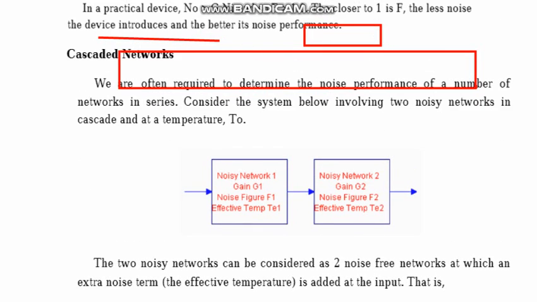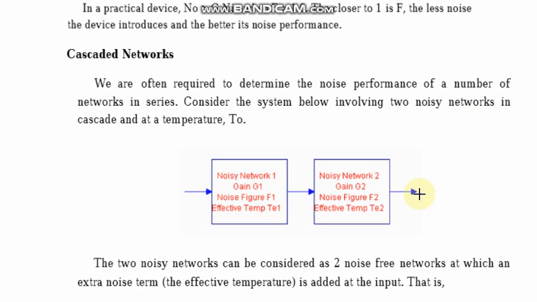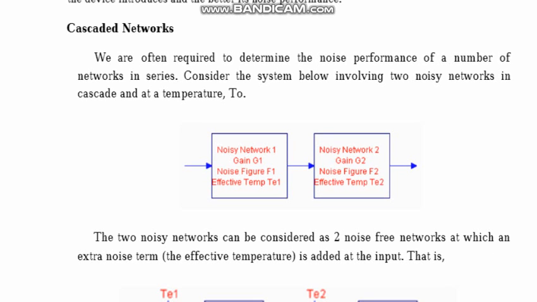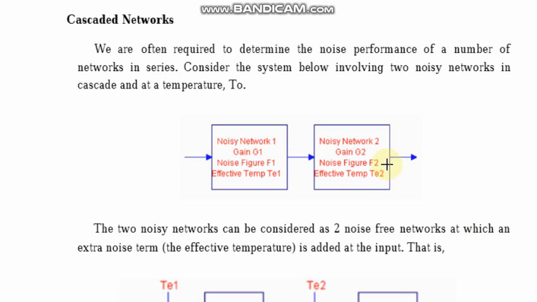And now we are going to start a new topic, that is cascaded networks. Cascaded means one block's output is fed to the input of the next block. Here there are two blocks: noisy network 1 having gain G1, noise figure F1, effective temperature TE1, and its output, all this data, is fed to noisy network 2, which has its own gain G2, noise figure F2, effective temperature TE2.